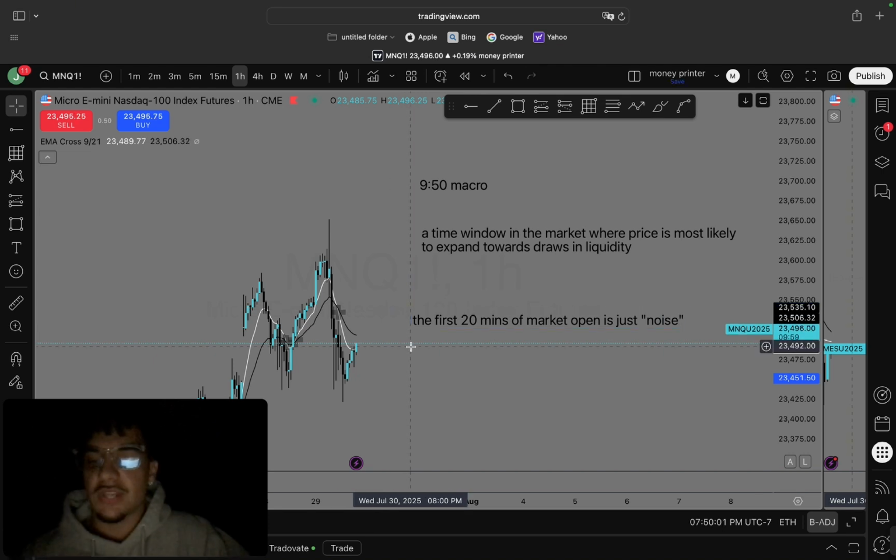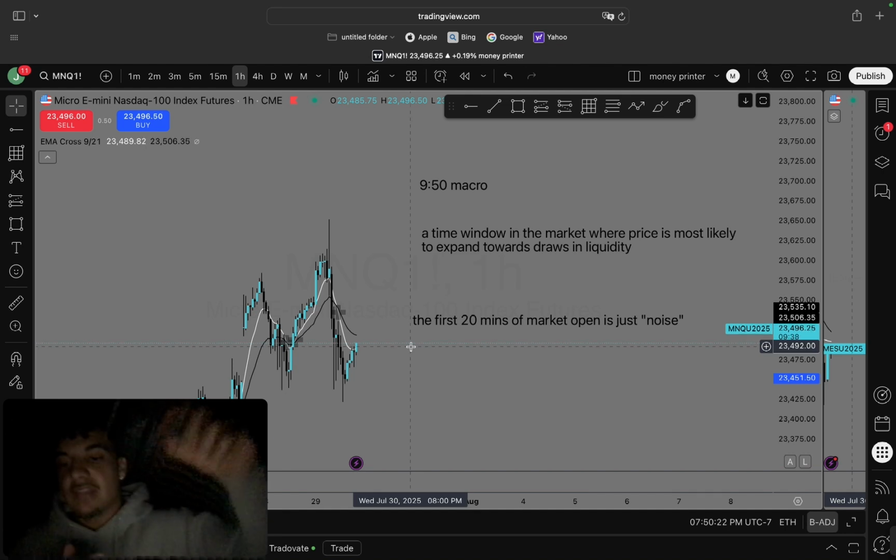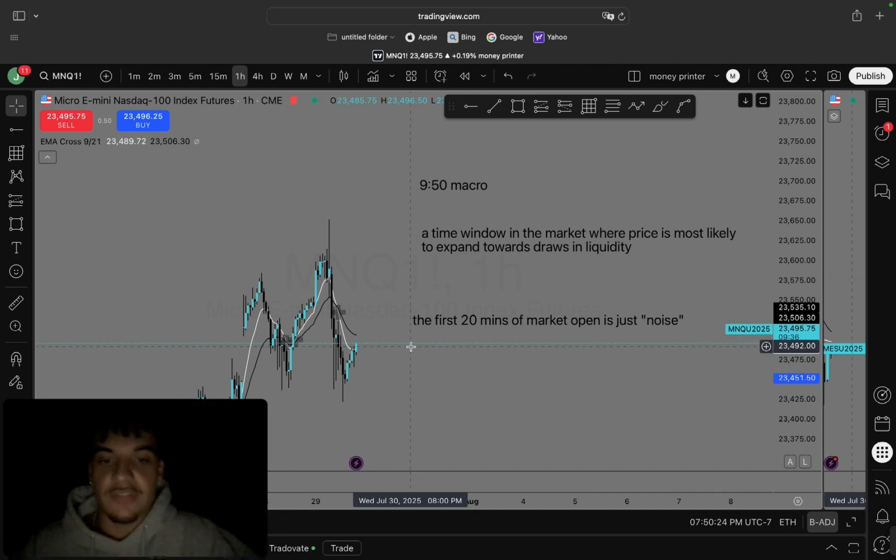So typically what's going to happen in the first 20 minutes is going to be false moves as well as manipulation, right? Because if the macro is the time where we're expanding towards draws in liquidity, we are going to manipulate right before. So we manipulate, and then once we have taken out the draw, we are likely to expand towards the next draw. So we are looking to place our trades inside of the times of 9:50 to 10:10.